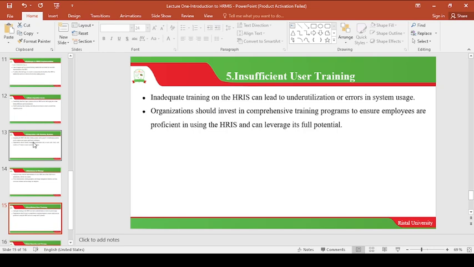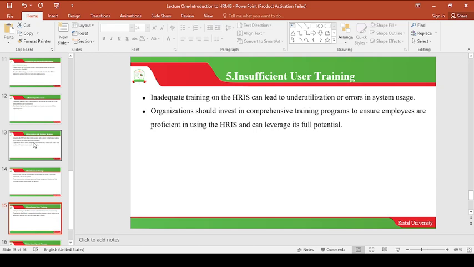Now, the next challenge is insufficient user training. Inadequate training on the HR information system can lead to underutilization or errors in system usage. It means you need to thoroughly train the employees. If you don't train them, or if the training is not sufficient, of course, errors will be too many.